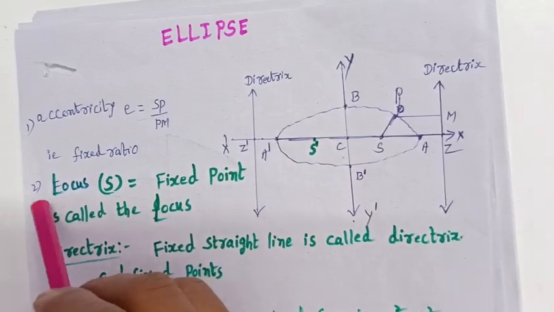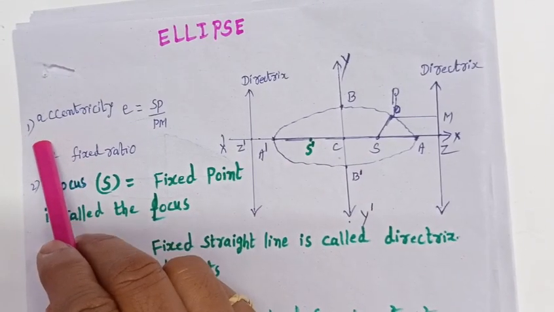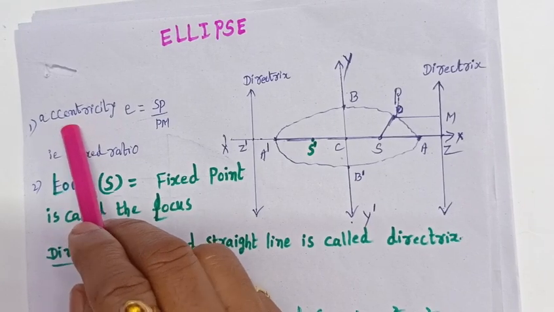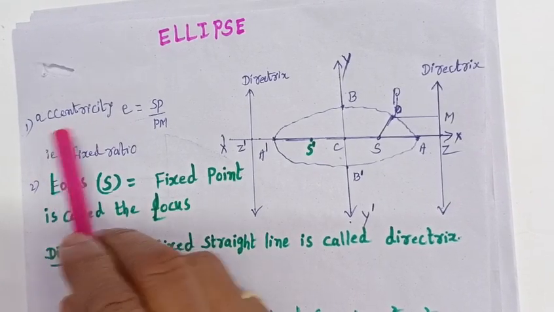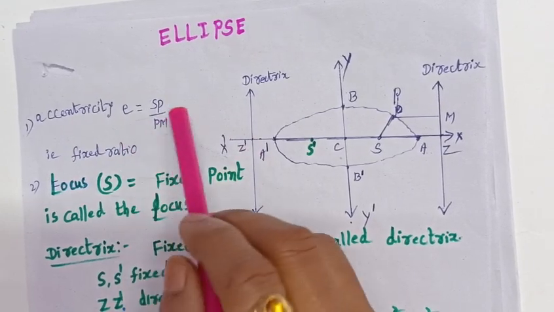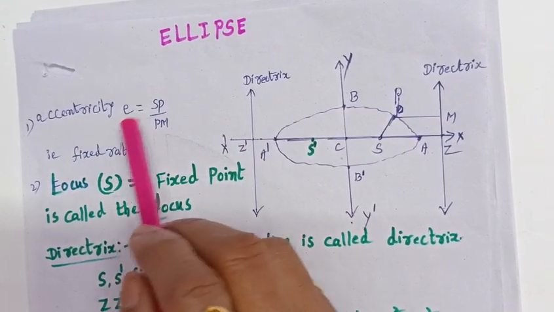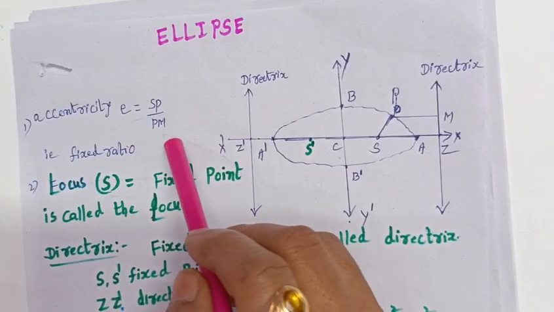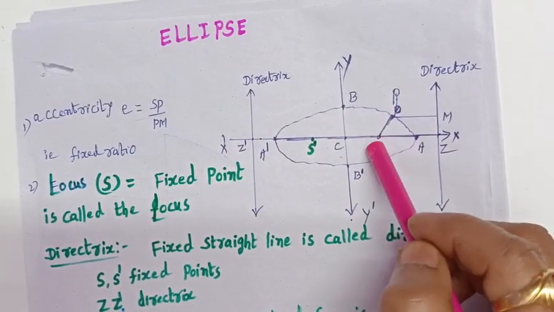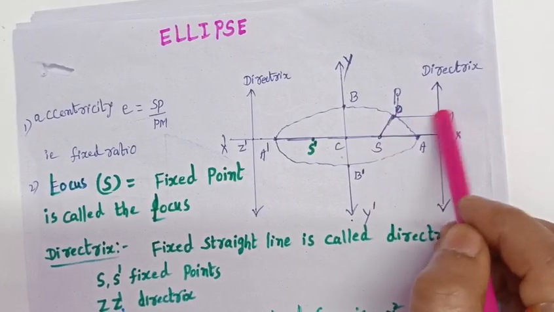Next you can learn what eccentricity is. Eccentricity, E. Eccentricity E equals SP by PM. This is SP, this is PM.